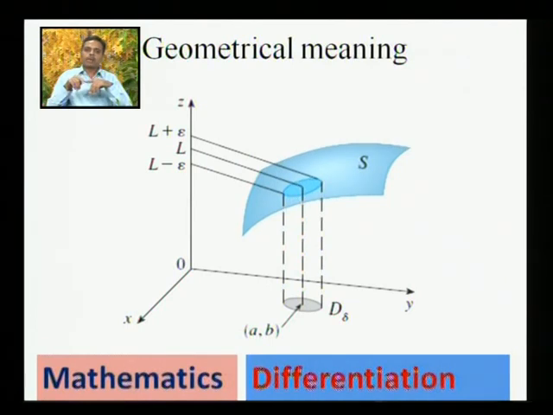If you take any point in that delta neighborhood in the disc, then its image is going to be between L minus epsilon and L plus epsilon on the z axis. You can see in the diagram that the limit L is between L minus epsilon and L plus epsilon. So this is how the idea of limit comes from nearness in the domain to nearness in the codomain.